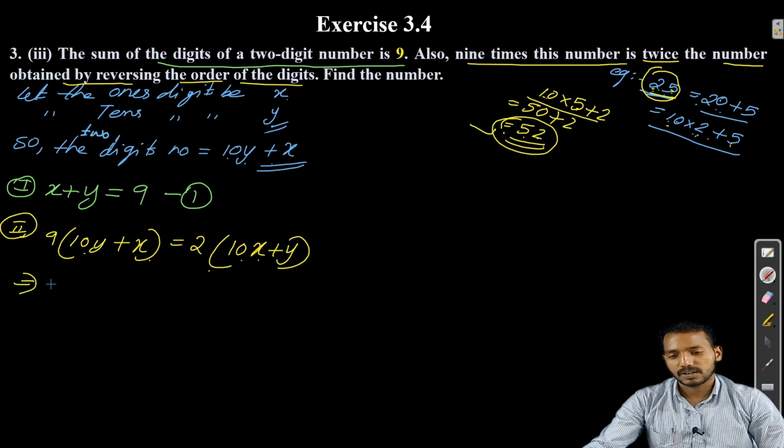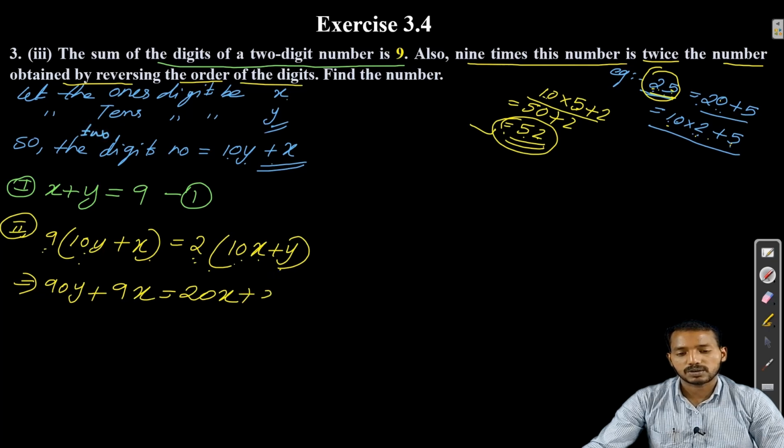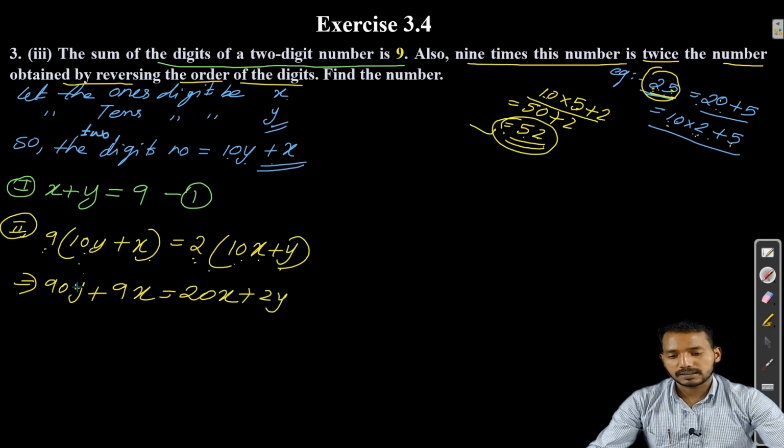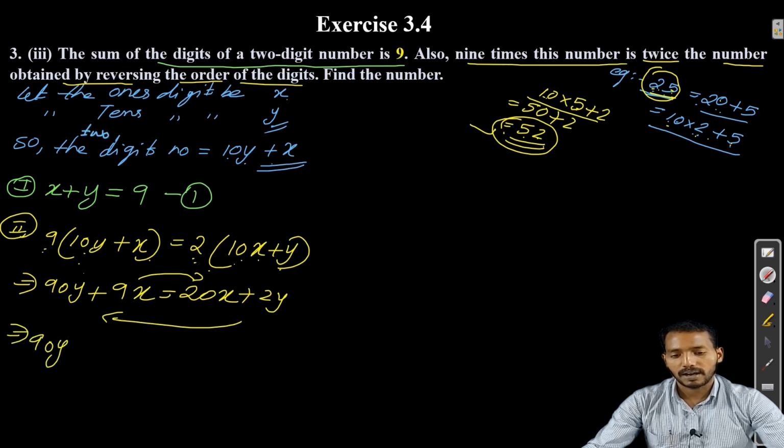Now simplify this. 9 into 10y is 90y, plus 9 into x is 9x, which is equal to 2 into 10x, 20x, plus 2 into y, 2y. Now bring the x to the right side and y to the left side. So we get 90y minus 2y, which is equal to 20x minus 9x.